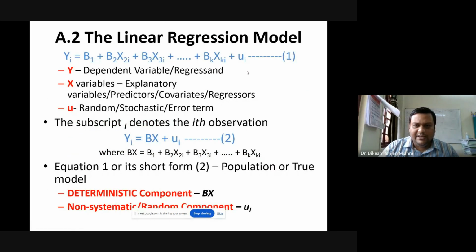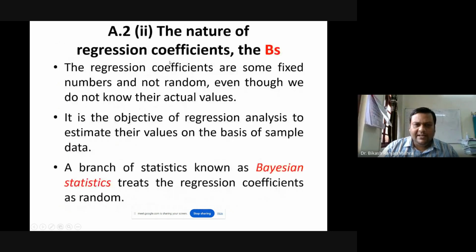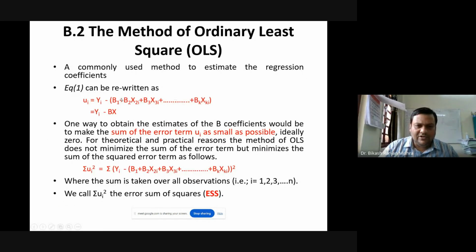This initial arrangement, this equation 1, if you keep ui on the left hand side and everything on the right hand side, then the arrangement will be something like this, as you can see over here. And thus the error term, this equation 1 rewritten like this, if you go for the square term of it, that means you go for the square term of the left hand side as well as the right hand side, and then sum it up, then this becomes the square term of your error term.